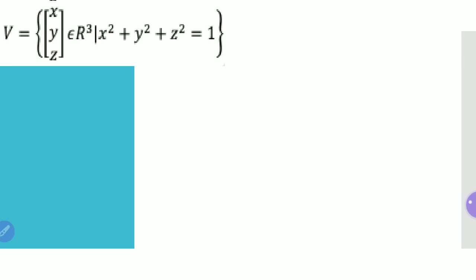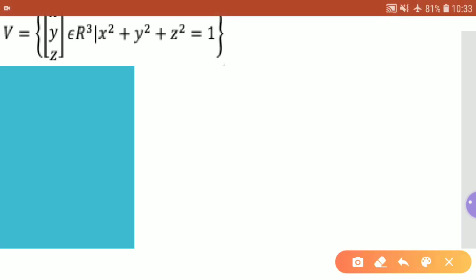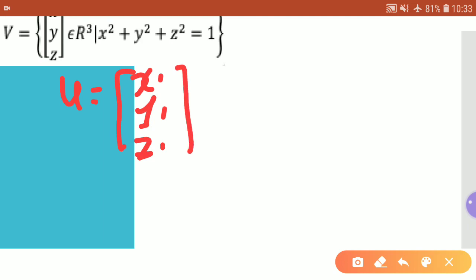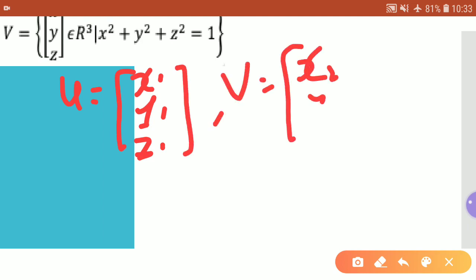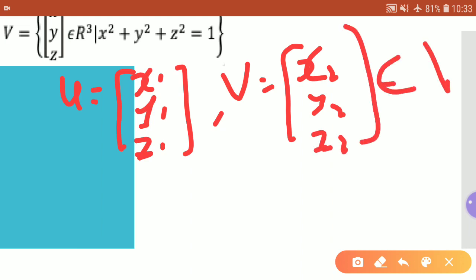So for that purpose we'll start from addition. Consider 2 elements. Let u equal x1 y1 z1, and v equal another element x2 y2 z2, belonging to V. So we have taken these two elements belonging to V. Now we'll see whether their addition is also a member of the set or not.